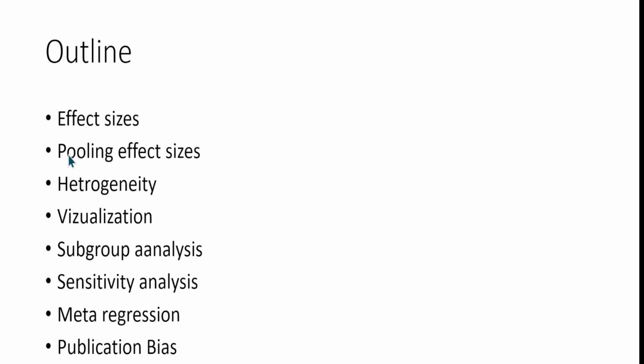We'll talk about effect sizes and how to pool effect sizes using the standard methods, and we will also talk about heterogeneity and visualization aspects, how you visualize in terms of forest plots. And we will also talk about subgroup analysis, sensitivity analysis, meta-regression, publication bias, and probably more complex topics like network meta-analysis and the like.